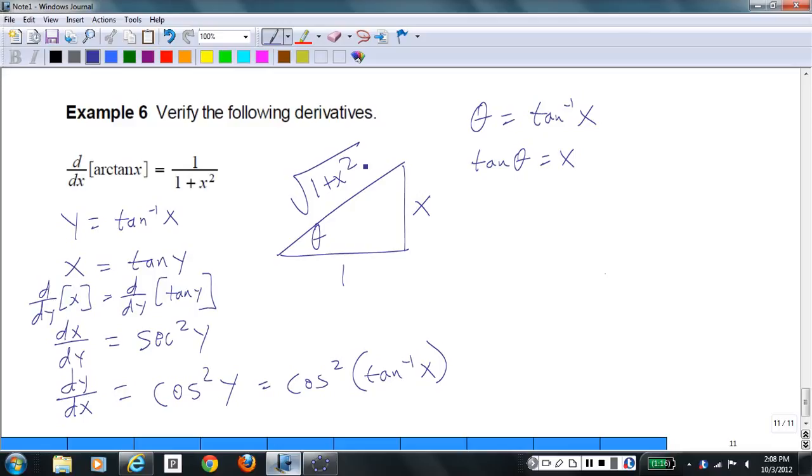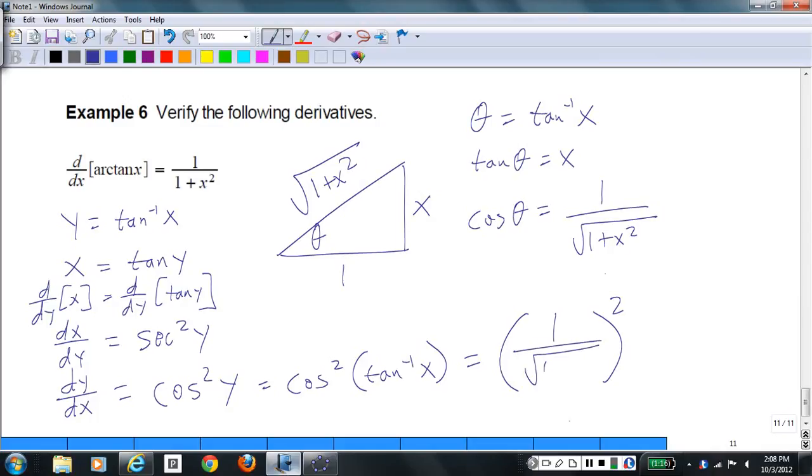So what is the cosine of theta? 1 over the square root of 1 plus x squared. And then cosine squared is just 1 over 1 plus x squared. There we go.